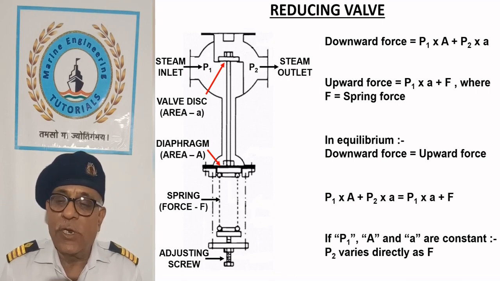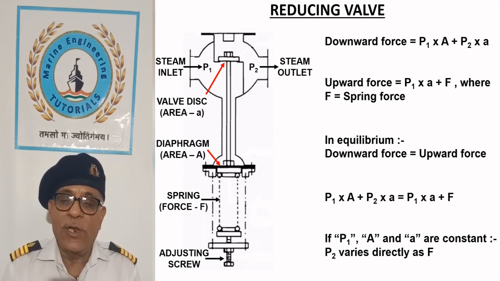In unmanned machinery space, self-regulating valve can be replaced by an automatic process control valve which permits remote control of the set point and variety of flow characteristics.